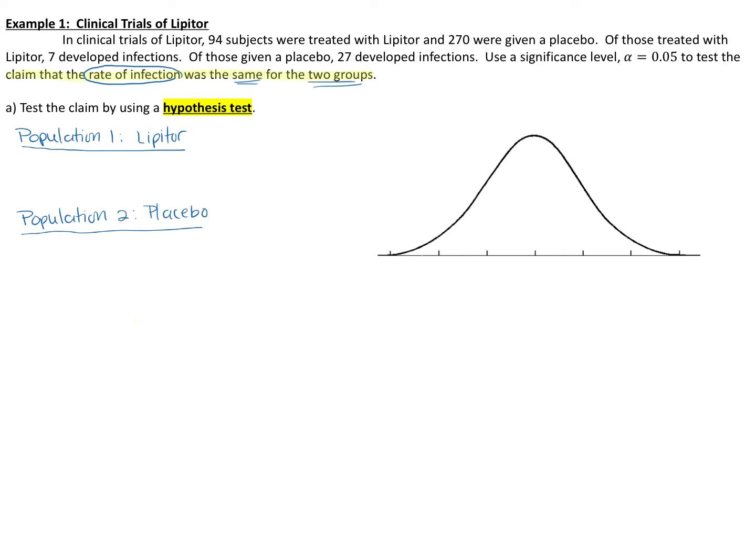So when I see rate of infection, this right away lets me know that we are looking at the parameter proportion. So we're dealing with two population proportions, where we usually identify the proportion as P, and P represents the infection rate for each group.